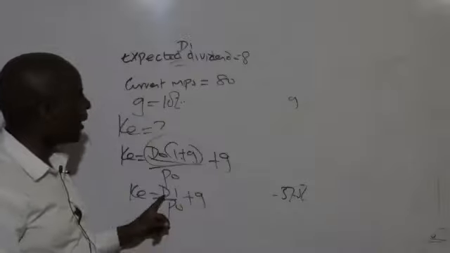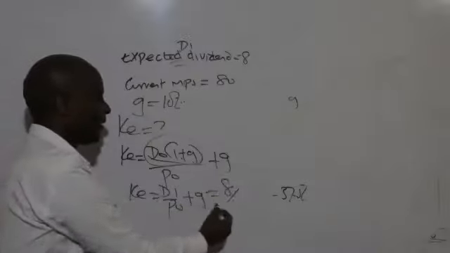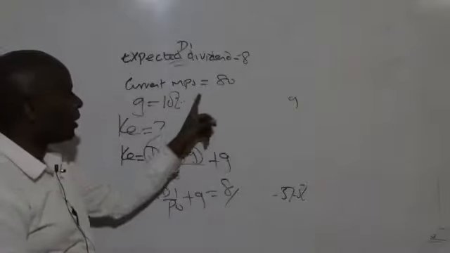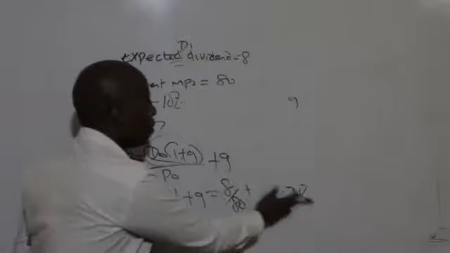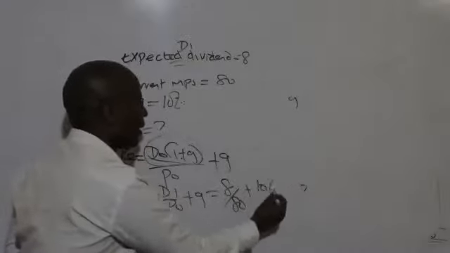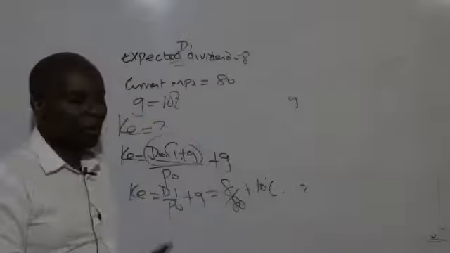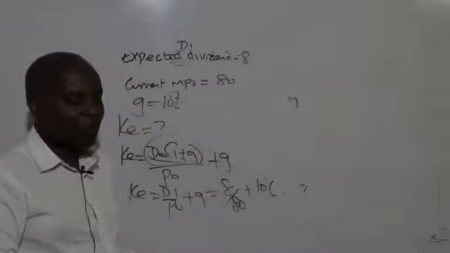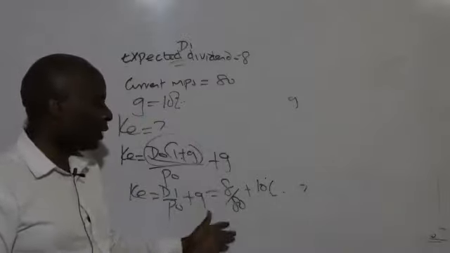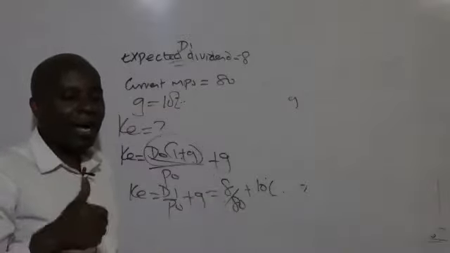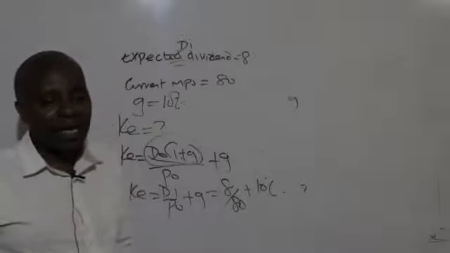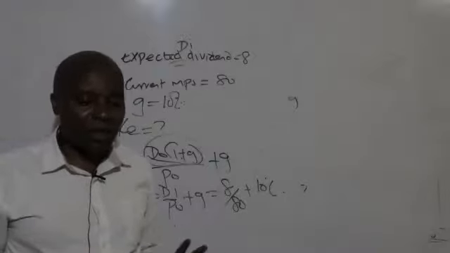So the D1 is 8. P0 happens to be 80. Plus the growth rate, which is 10%, the same as 0.1. So could you kindly give me the final answer? It will be 8 over 80, that's 10%, plus 10%. That gives us 20%.